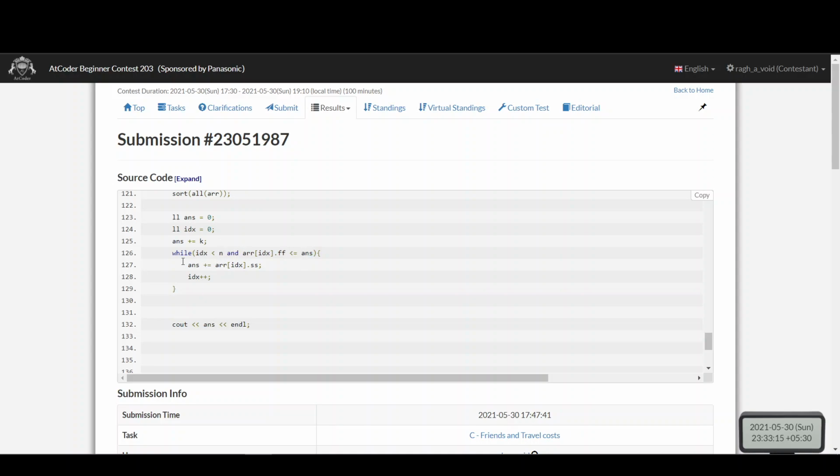But if that's not the case, we'll add the money that our current friend gave us and move to the very next friend, to check whether we can reach that person or not. And in the end, we'll simply return the answer that we stored. The answer was the maximum money we collected, or in other words, the maximum village we can reach starting from the 0th village. So that was all about the code.